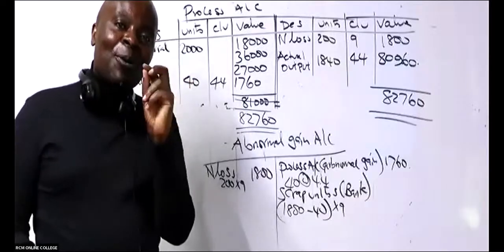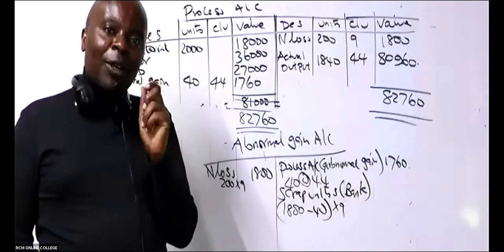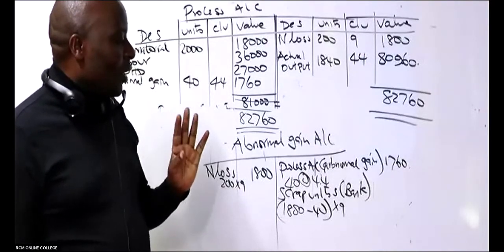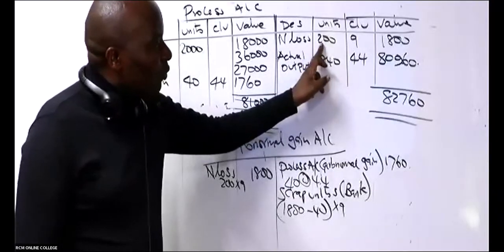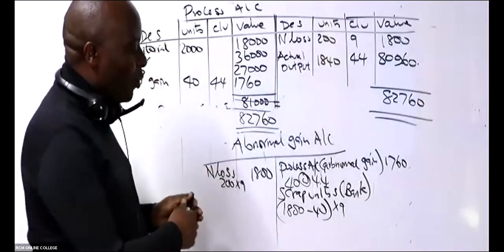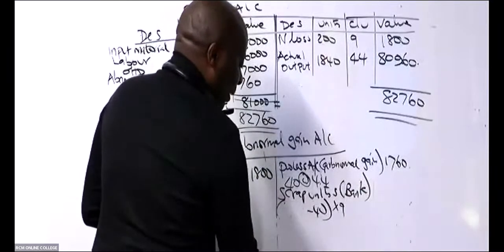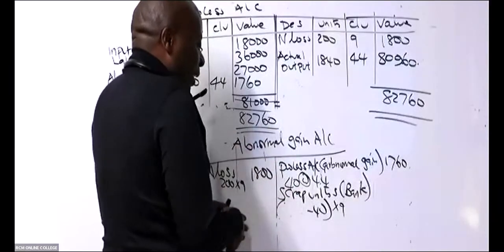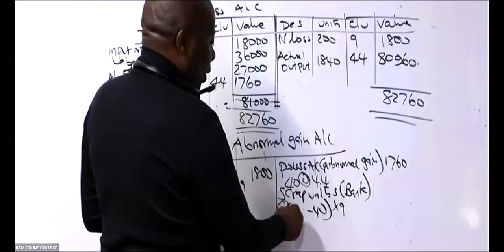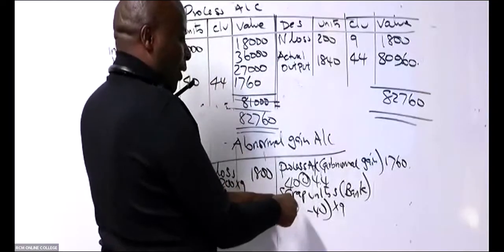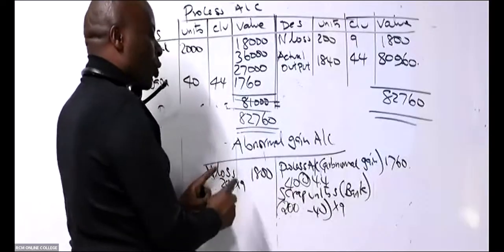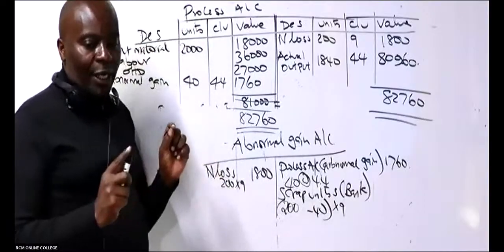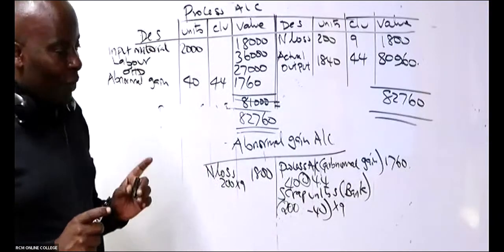Because as process costing experts, we expected the loss to be 200 units. But there is a good accident that happened and we saved 40. So 200 minus 40, whatever answer you get, times 9. That is what we shall receive in our bank, which gives us 1440.